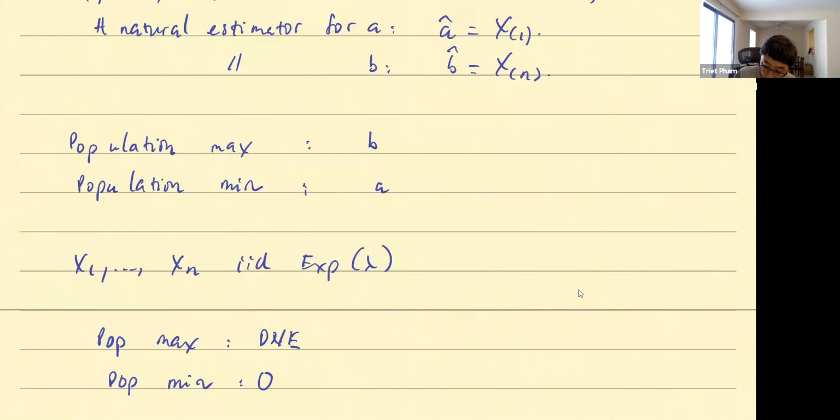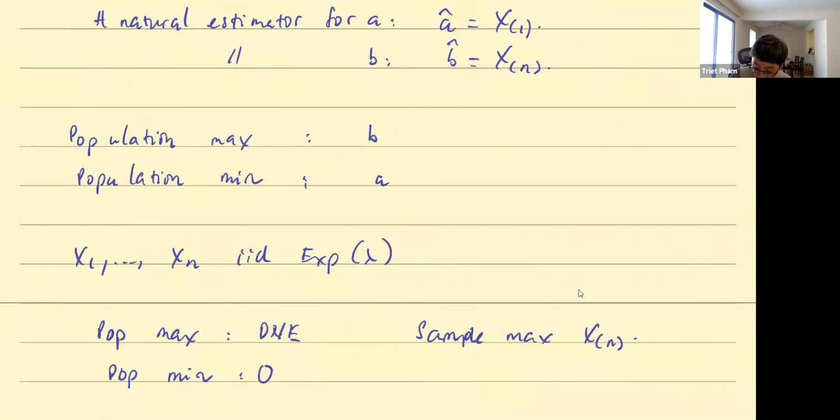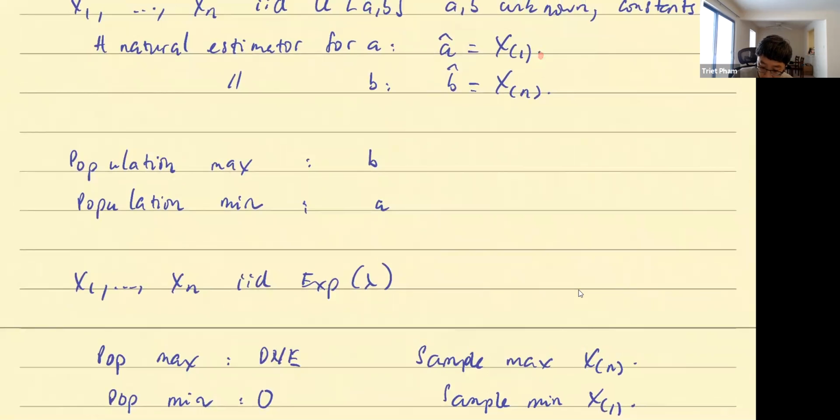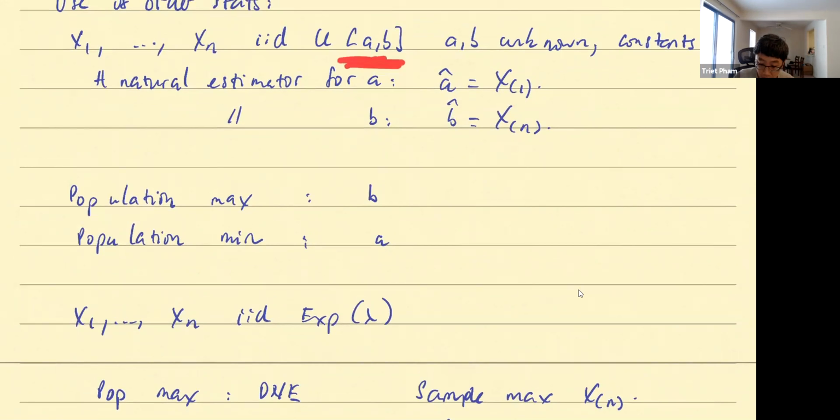But yeah, so the point being, you see that in this case, for example, the population max does not exist. There is still a sample max. It's just the maximum value of your sample, okay? You can still have your sample min in this case. So the concept of sample max and sample min is connected to population max and min in some way, right? But in terms of statistics, they come to life when you have a bounded support.